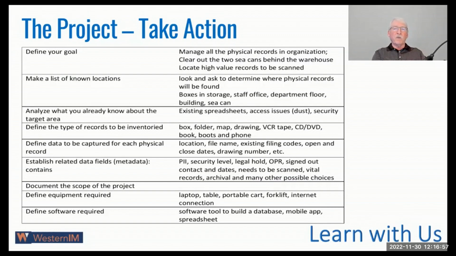Do we want all the particular dates? Is it a vital record? Is it not a vital record? Is it an office of primary responsibility? Is it a legal hold? All those kinds of flags you might want to have, and security levels, that you might want to pick up during the project. And once you've done all that, then you want to document the whole scope of the project.